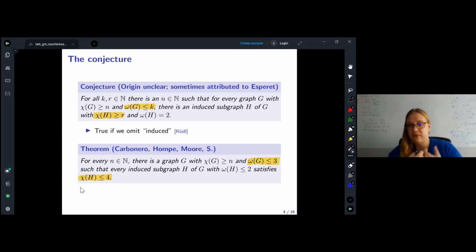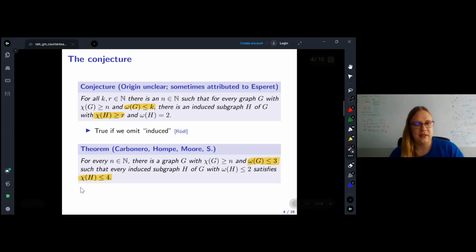So for any fixed bound on the clique number, if I pick a graph with sufficiently large chromatic number, it has a triangle-free induced subgraph that has as large a chromatic number as I want. And this conjecture, as far as I know, has been around for a long time. It's sometimes attributed to Esperet, but I asked him and he said it existed before he stated it.